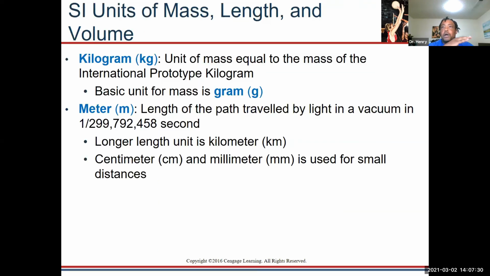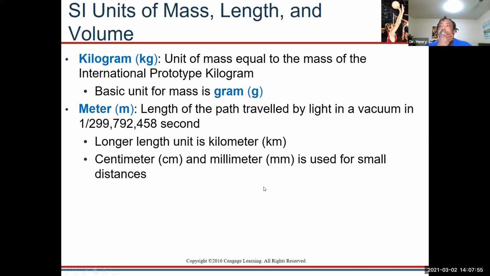So the units that we use for mass are kilograms, grams, milligrams, micrograms, nanograms. We also have length, distance. That's going to be meters, kilometers, centimeters, millimeters, nanometers, micrometers.